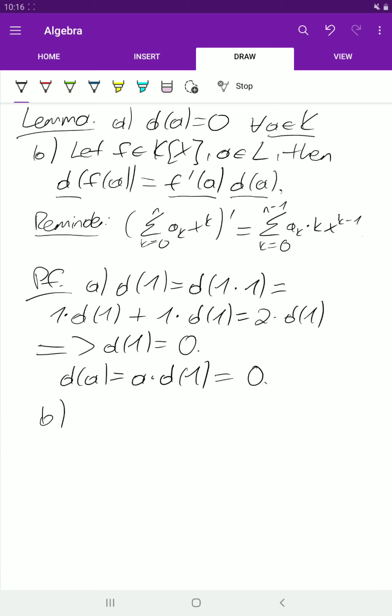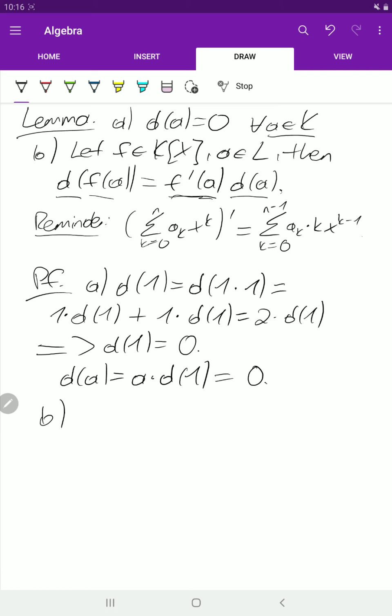It's linear over K, but the coefficients are in K, so that's good. And we just show it for monomials. And well, if we have the constant polynomial 1, then we've already shown that D of 1 is 0, and here the derivative is also 0.